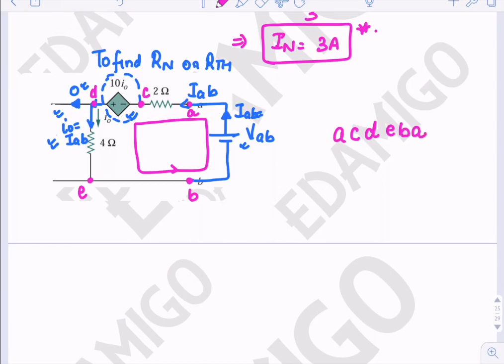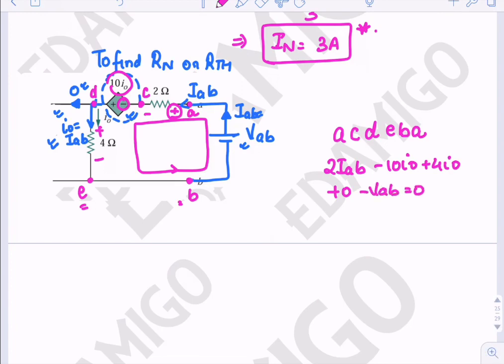Now from A to C we can see that since the current is flowing from right to left, we are entering from the positive terminal. The drop is 2IAB. From C to D we are entering from the negative terminal. The drop is 10I0, so minus 10I0. From D to E, plus minus, the drop is 4I0. From E to B it is 0. B to A it is minus VAB.